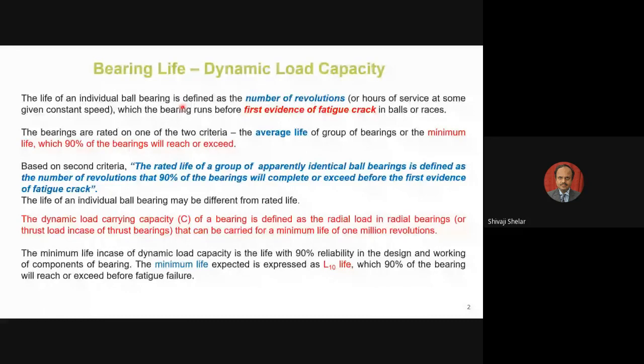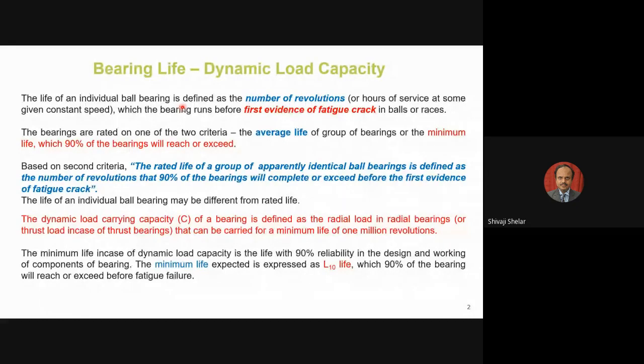Rated life of a bearing is decided by a testing procedure. They are tested with a standard load and a fixed loading condition, and the bearing is actually tested by applying load, for a minimum of 1 million revolutions. It has to pass the 1 million revolutions.